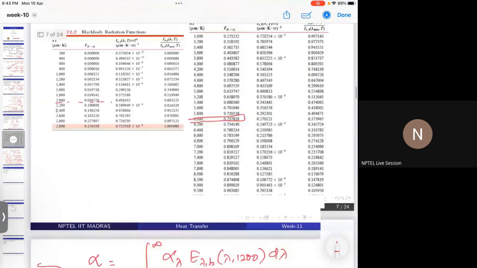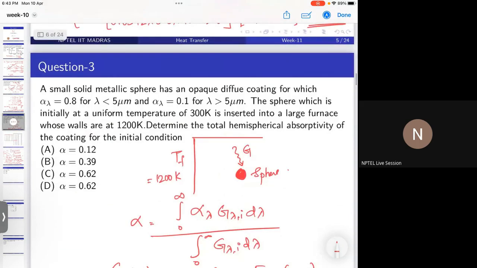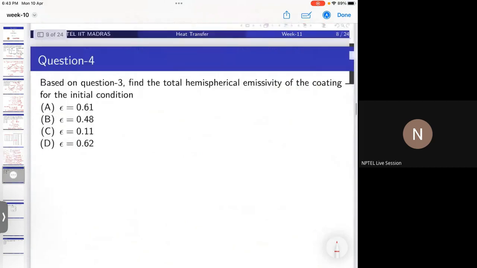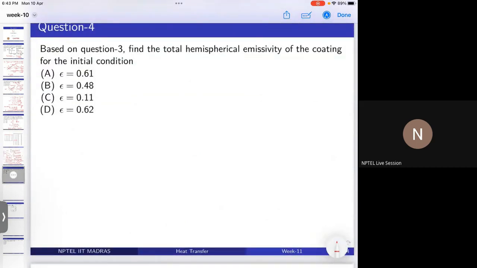As it is mentioned, the coating is an opaque diffuse coating. If we specify a diffuse coating, what is the relation between its monochromatic emissivity and absorptivity? I already told this in the previous question.